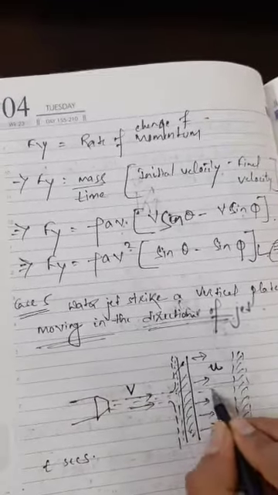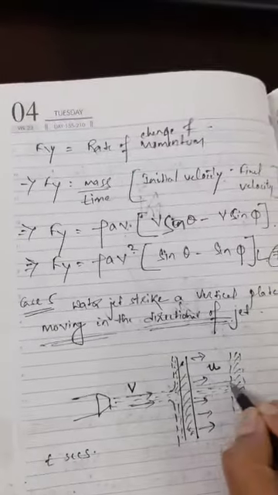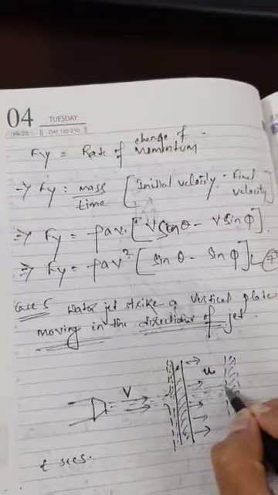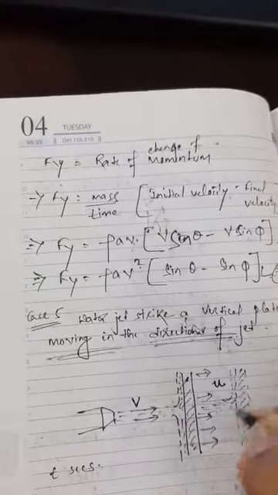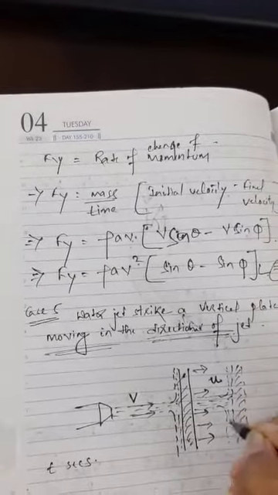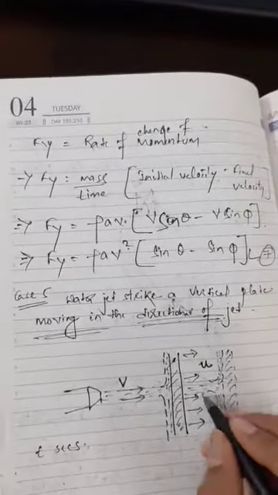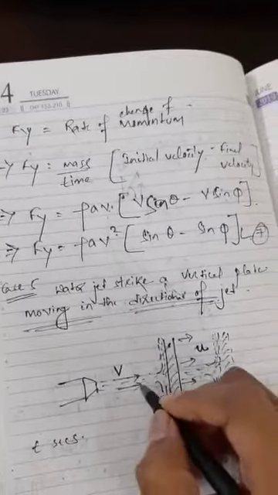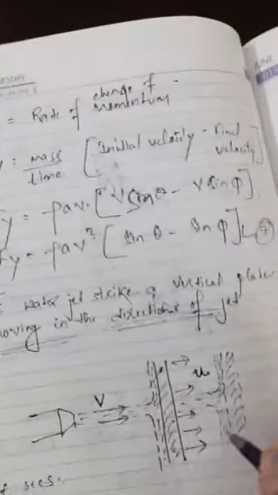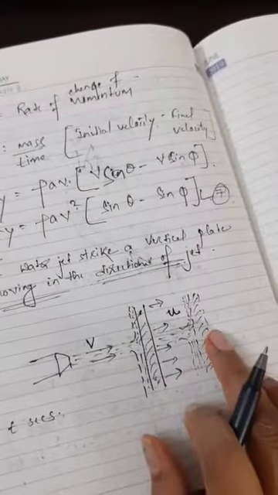The plate is no more there. So the water jet will move like this and here it is going to strike the plate. Then after striking the plate, again in the same way, water will be moving in this direction away from the plate. So, can you tell me what would be the velocity at which it will strike the plate?